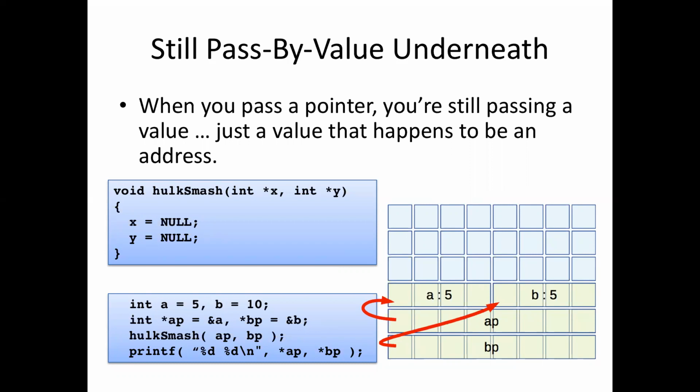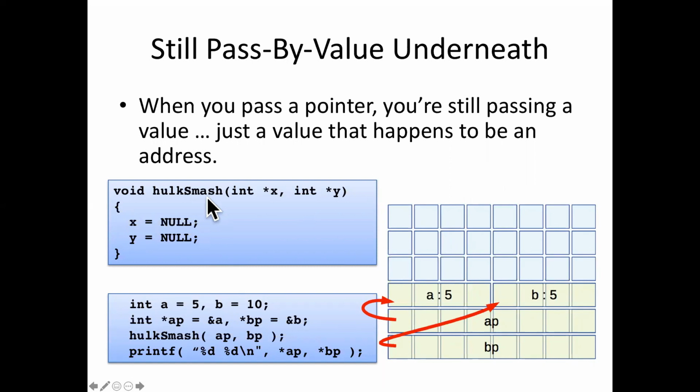By choosing to pass a pointer to a thing rather than that thing itself, we can get a pass by reference behavior, or something that works like pass by reference. We'll still call it pass by reference, but the way it's implemented is by passing pointers.